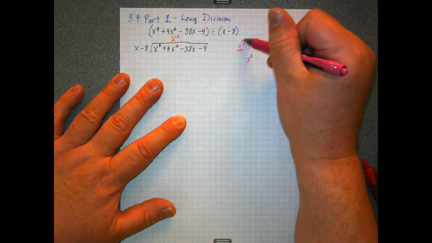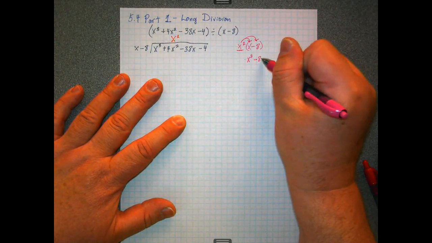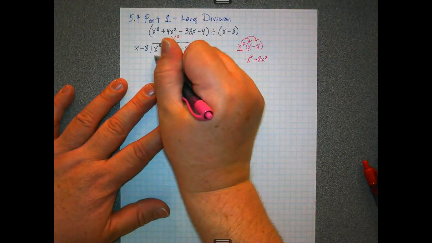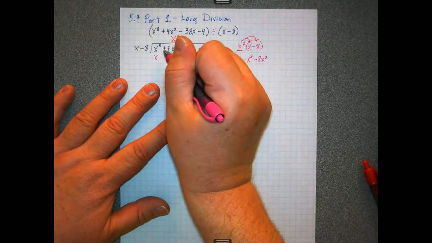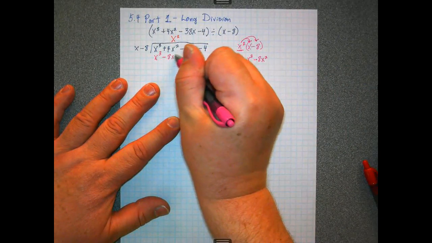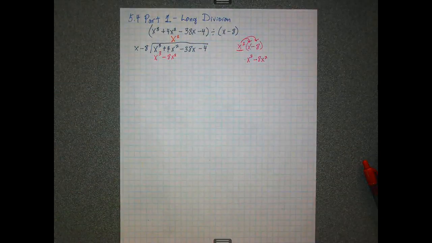Finish distributing it to the minus 8. I get minus 8x squared. So that's my product: x cubed minus 8x squared.